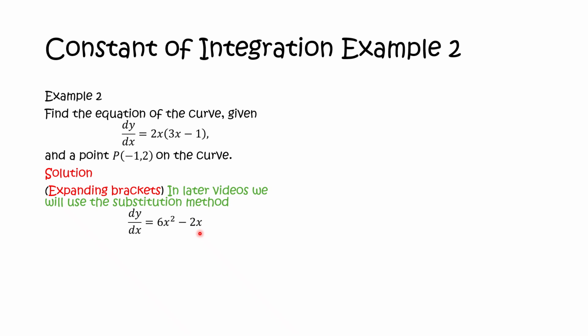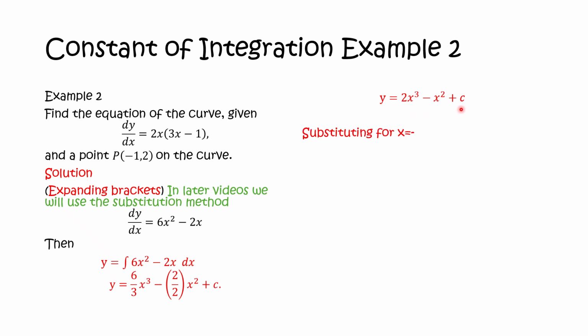When we expand the brackets, we would have dy dx to be equal to 6x squared minus 2x. Then we integrate the terms separately, so that we have 6 over 3 x cubed minus 2 over 2 x squared plus c. Simplifying that, we would get y is equal to 2x cubed minus x squared plus c.